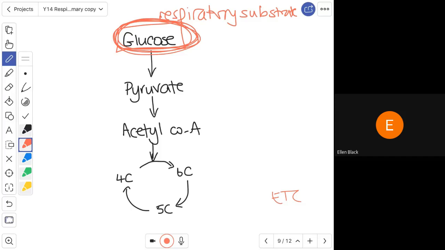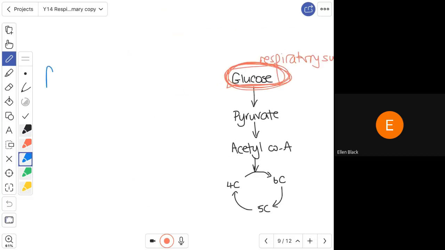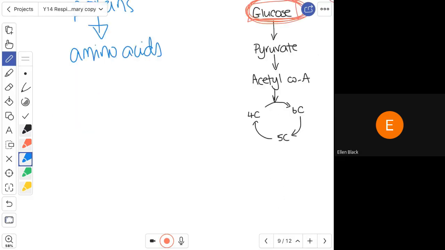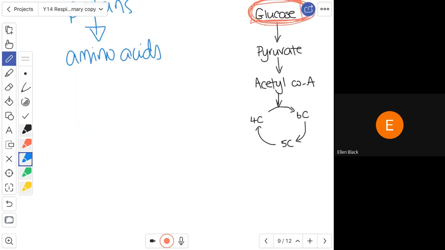If you eat proteins, so the protein in the beef in your burger, proteins are hydrolyzed into amino acids. Now, if you think back to the structure of an amino acid, we've got the amino group at one end.